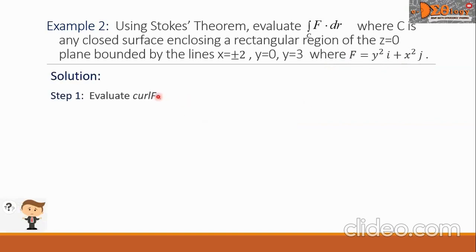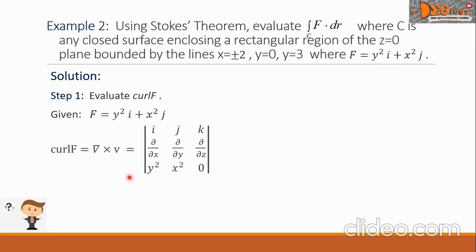For our step 1, let us evaluate the curl F. The vector F is given as y squared i plus x squared j. So the curl F is given by this formula, del cross product F. So this is equal to our 3 by 3 matrix. The first row for i, j, k.